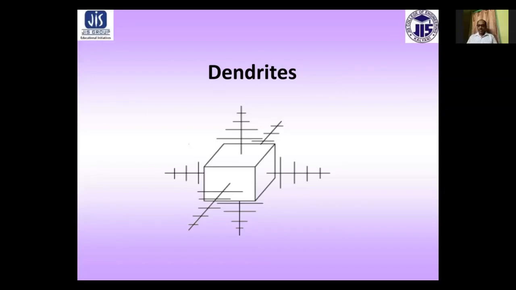Then again growth of the crystal occurs in the direction perpendicular to the original direction of growth. This sequence of process finally leads to the structure characteristic of dendrites.